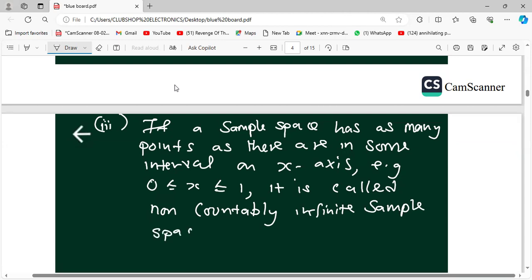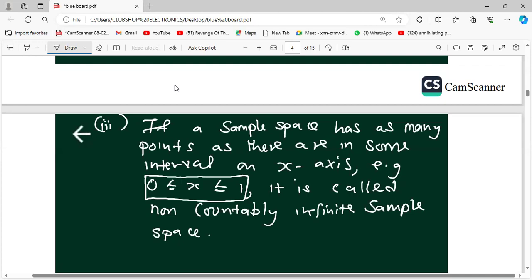So, in short, if a sample space takes an interval like this one, then that sample space is called a non-countably infinite sample space because it takes so many values.